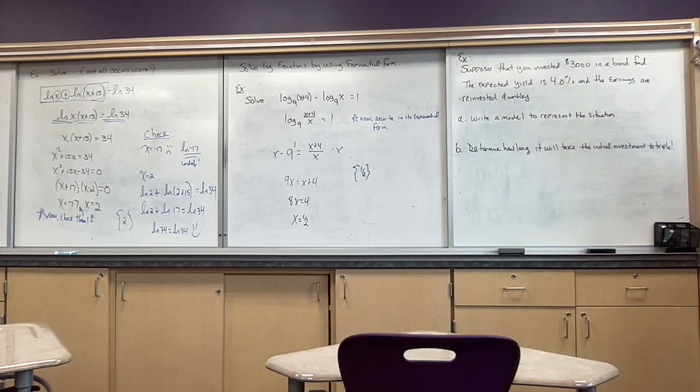Which is always good. If you're trying to invest something, you kind of want to know how long it's going to take to get a certain dollar amount. If you can't do that, then you might be investing poorly.